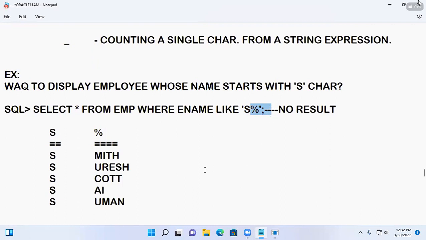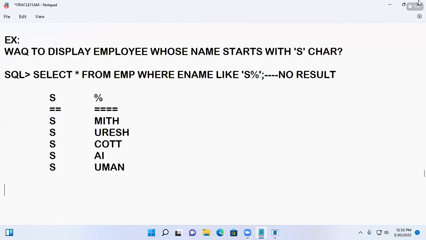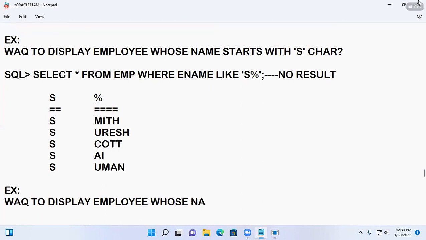Now, in the same way, for example, suppose I'm asking here the second example: write a query to display employees whose name is having 3 characters.